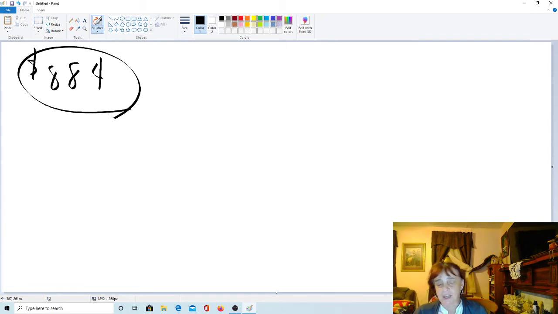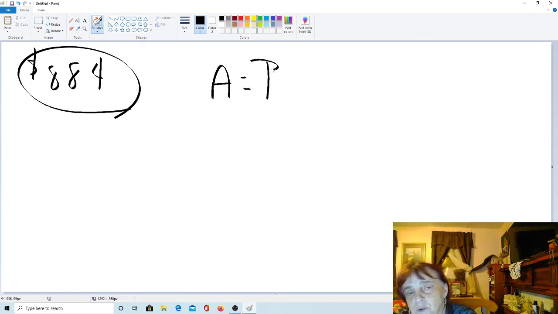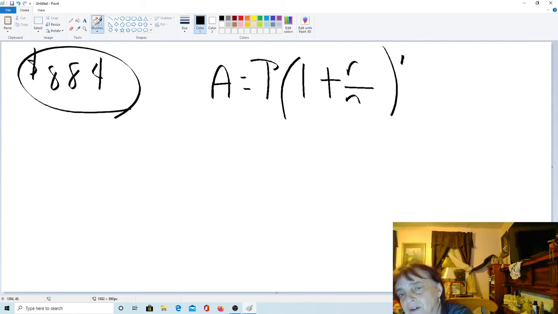Now, what if it's compound interest? Compound interest is compounded more than once. So the total amount is the principal times 1 plus the interest rate divided by n, to the n times t power.